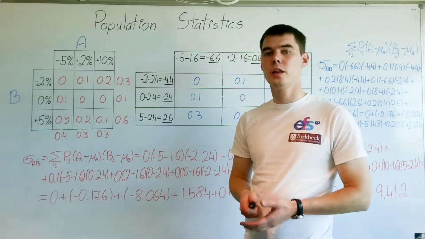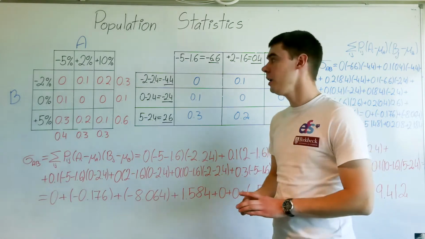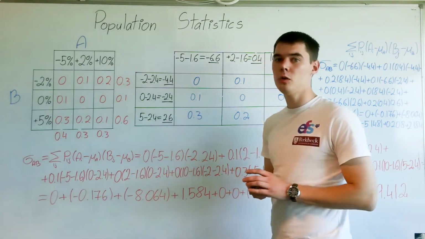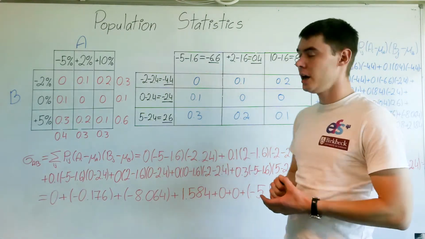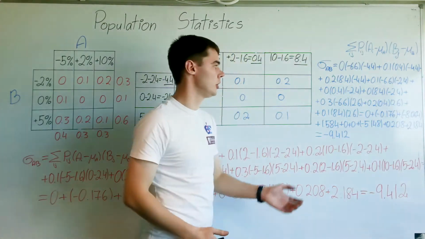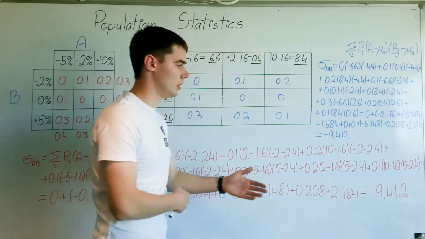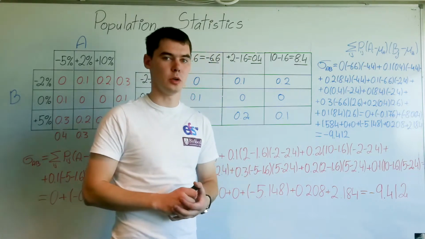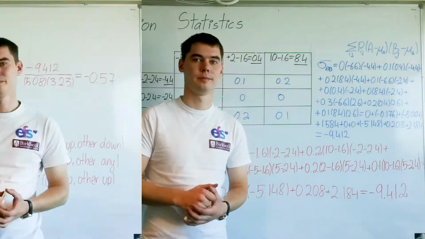That is, you write down the joint probability distribution table, and instead of writing the actual values of growth, you write down the deviations as shown here, and then you'll shorten your equation to this, and this gives you the same answer as with the lengthy equation of minus 9.412. That is the covariance of share A and share B.